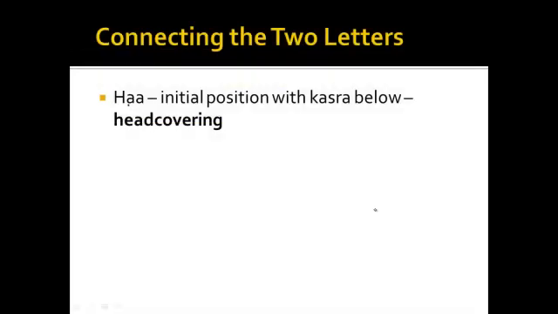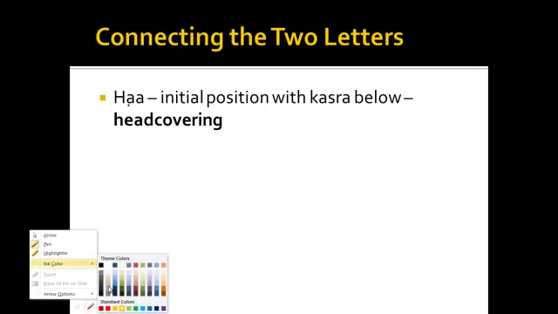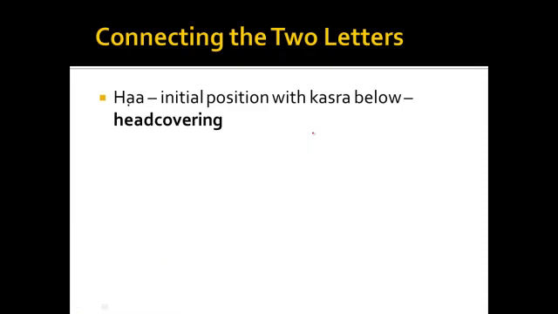There we go. Now, let's put the ha and the kasra together in a word. So as you remember, let me just change my color here so we can see a bit better.